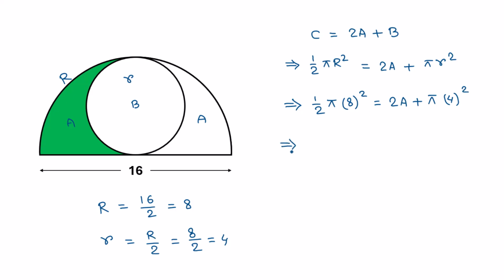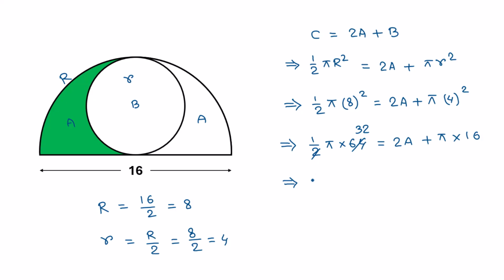So 1 over 2 times pi and 8 square, this is 64, is equal to twice A plus this pi times 4 square is 16. 64 divided by 2, here it will remain 32.